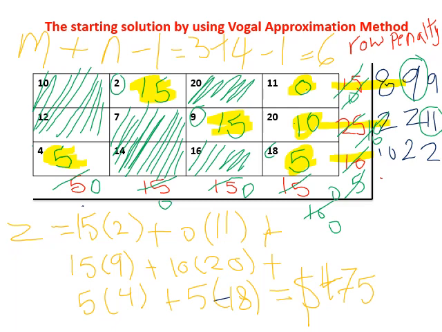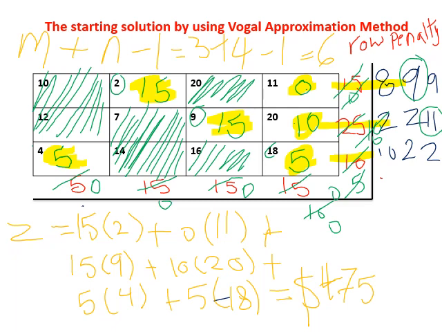Now, if we recall the three values for the starting solution for the northwest corner method, the Vogel approximation method, and the least cost method, we will find that the best starting solution, the one with the minimum cost, because we seek to minimize the cost, is the Vogel approximation method, while the northwest corner method is the easiest method for calculating the starting solution.